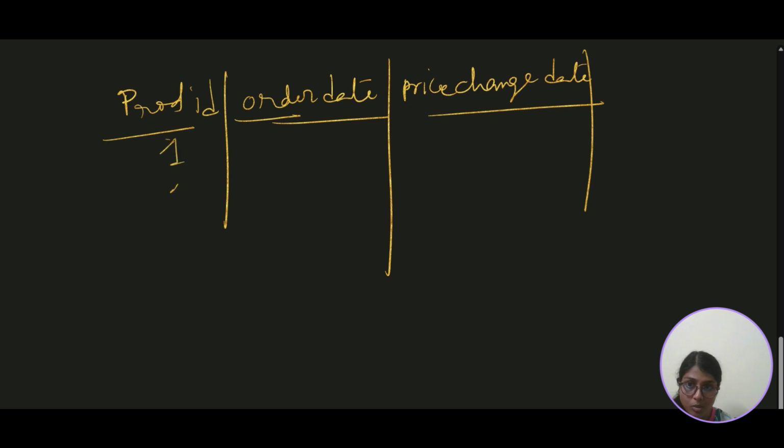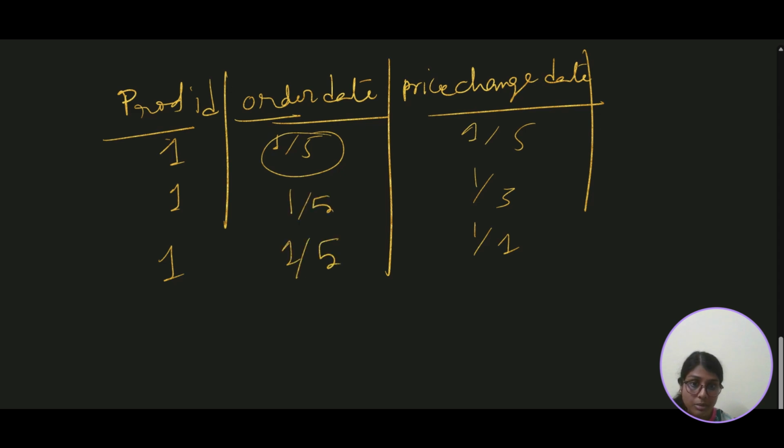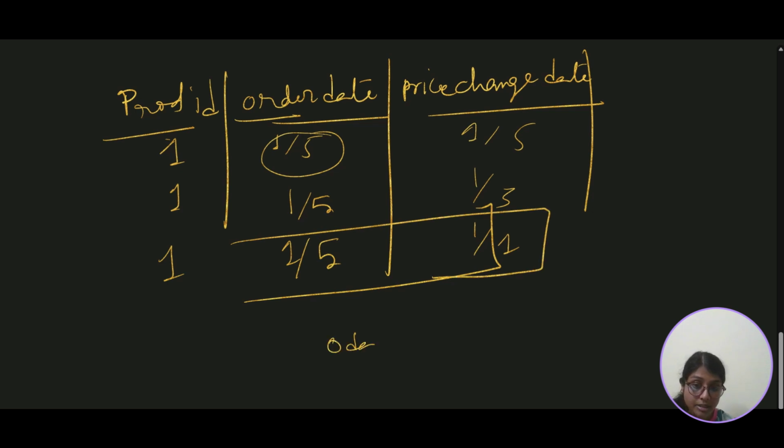Let's say product ID is 111 and order date is 15. Order date greater than or equal to price change date can be 15, can be mapped to 13, can be mapped to 11. So 15 will be mapped to all three dates, given that I am taking the condition as order date greater than or equal to price change date in the join.